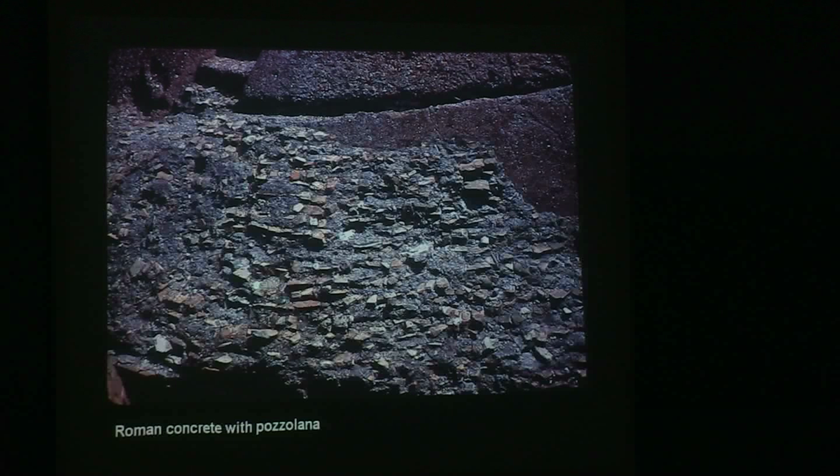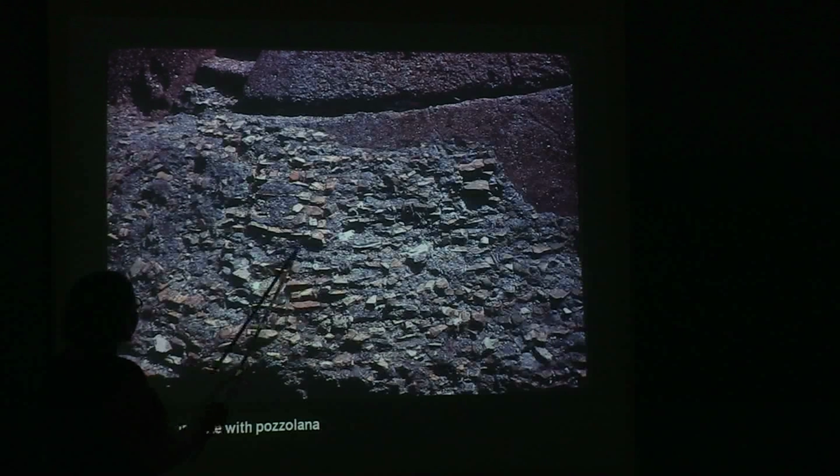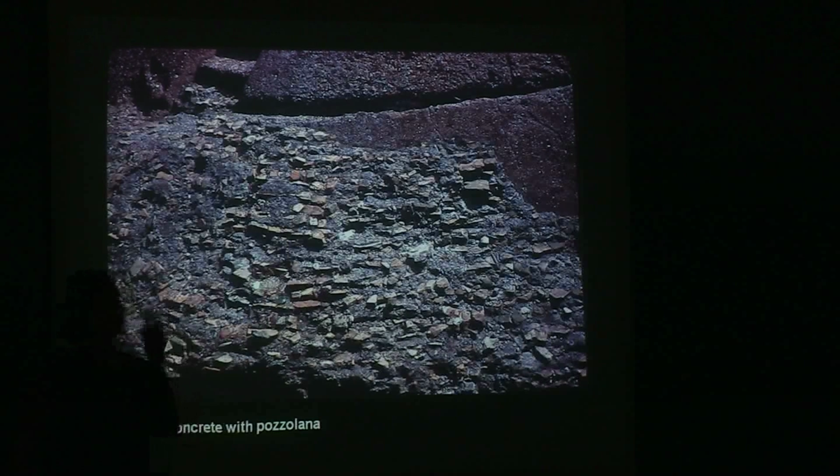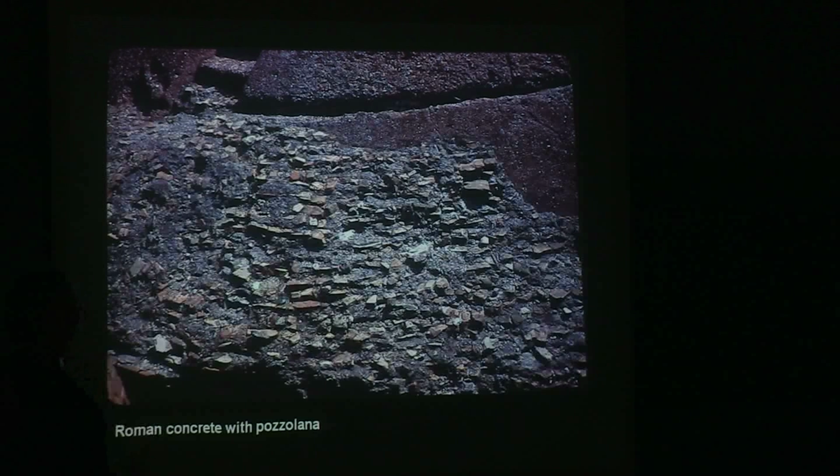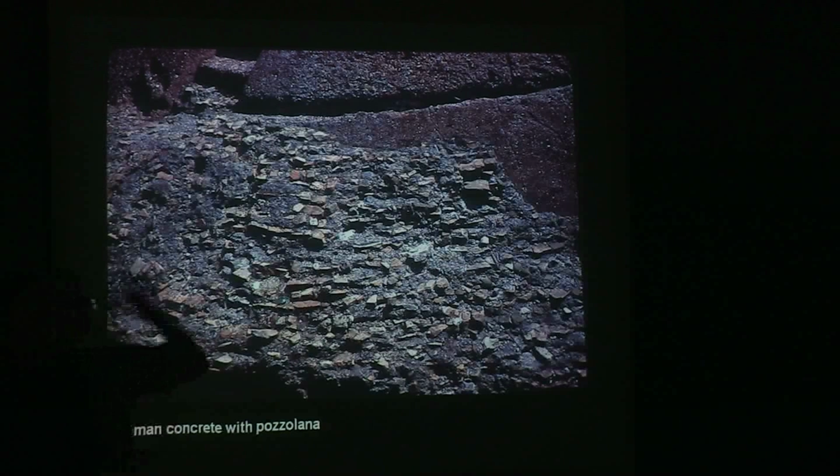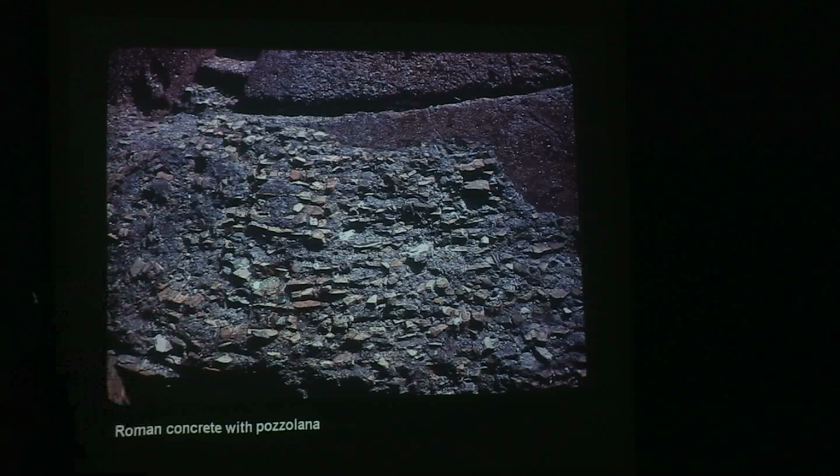Pozzolana is a volcanic ash coming from areas south of Rome, which you know were volcanic. And this volcanic ash, when mixed with aggregate, bits and pieces of brick, stone aggregate, and lime, and mixed with water, it created a very strong, almost indestructible material.